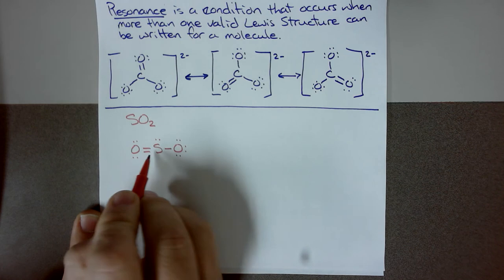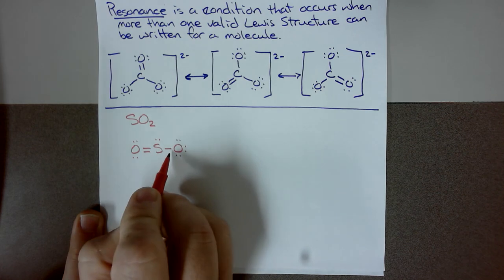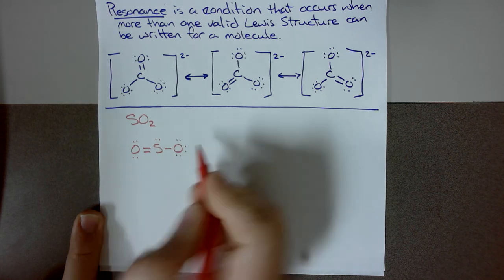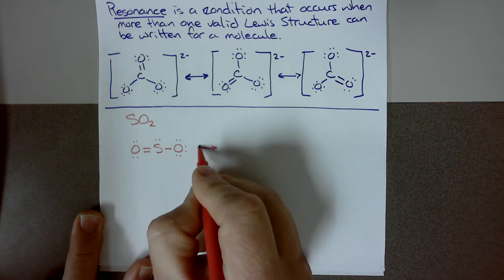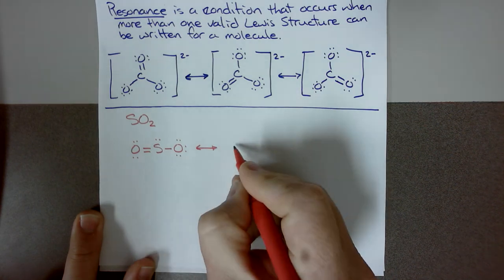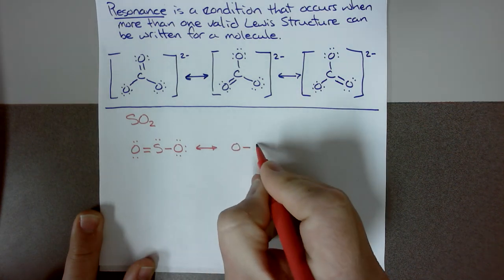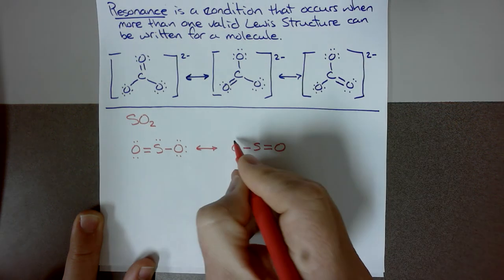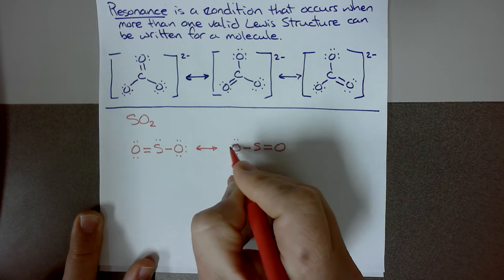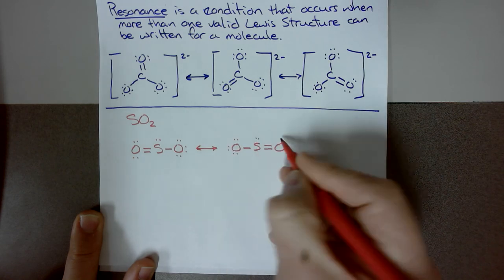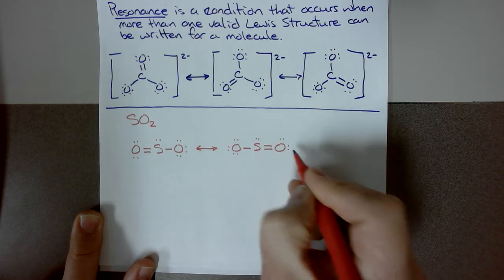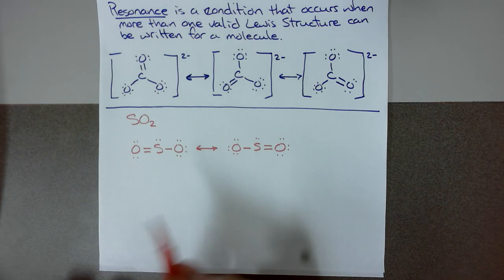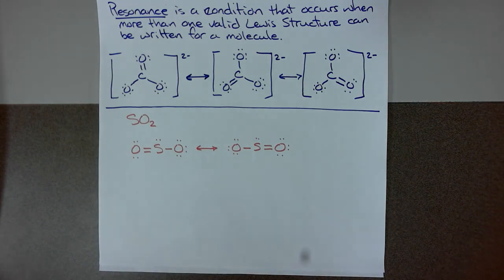But because the oxygens are equal, I could have put the double bond here and the single bond here, and so I would have a resonance structure where I have an oxygen, single bond, sulfur, double bond, oxygen. And that would be my 2 resonance structures for sulfur dioxide.